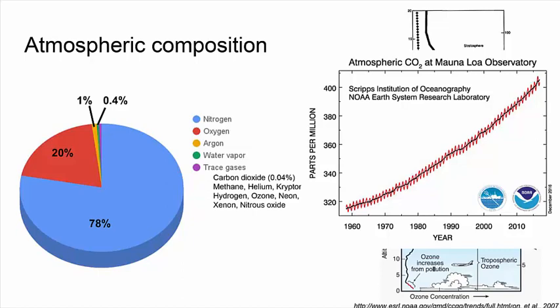Because this is a log scale, you can see the concentration of water vapor drops exponentially with height. This has to do with temperatures cooling, because the amount of water vapor you can hold in the air depends on the temperature. As it gets colder, water vapor precipitates out of the atmosphere, and that's why these concentrations drop.